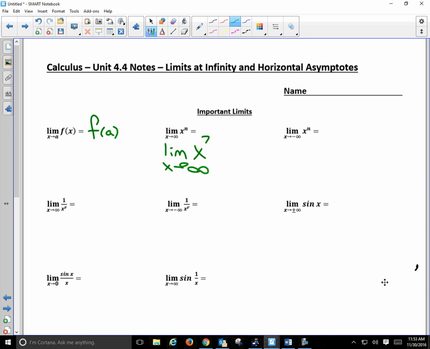So suppose you had, say, x to the 7th, and you're approaching infinity. If you take a really, really, really large positive number to the 7th power, what are you going to come out with? Now, let's change that a little bit.